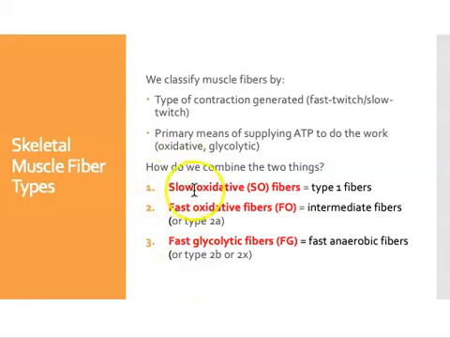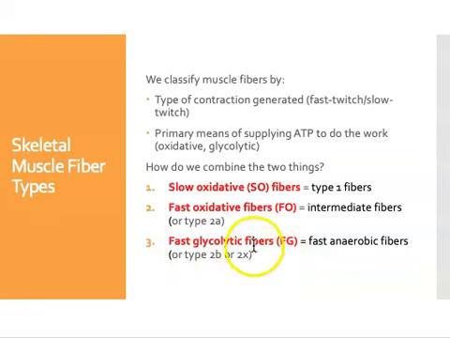There are slow oxidative fibers. Those are also referred to as type 1 fibers. There are fast oxidative fibers. Those are also called type 2A fibers. And then there are fast glycolytic fibers. Those are called type 2B.